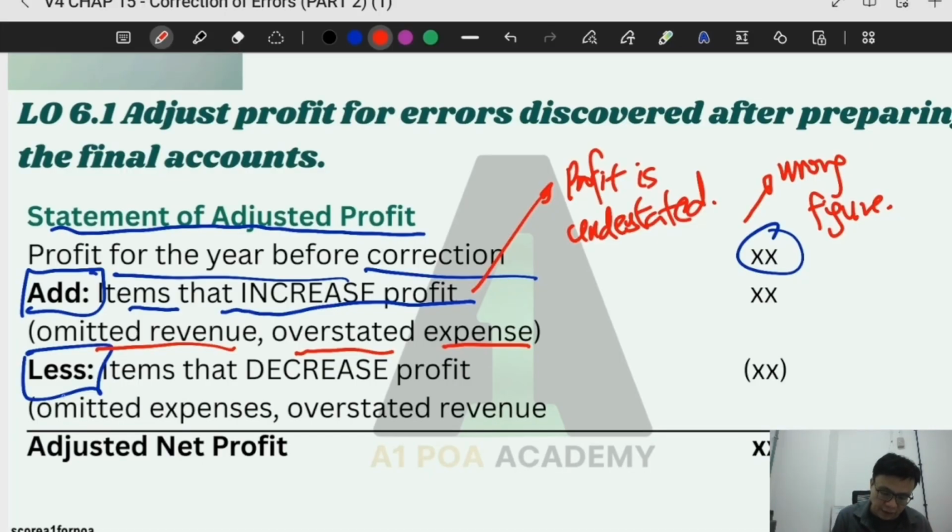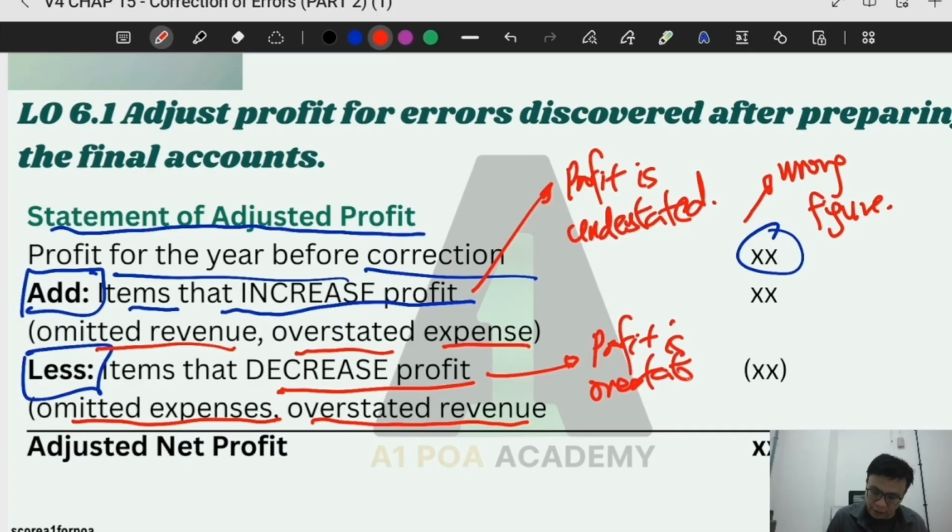Next, you less items that decrease the profit. For example, omitted expenses and overstated revenue. So in this instance, profit is overstated. Maybe some of the expenses you forgot to record and therefore expenses are not adequately reflected.